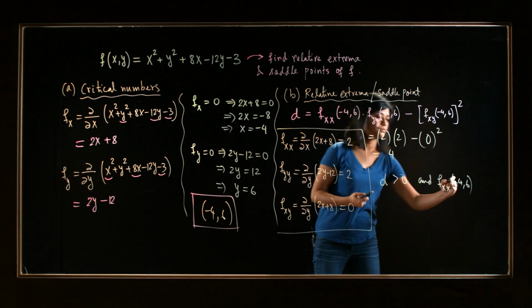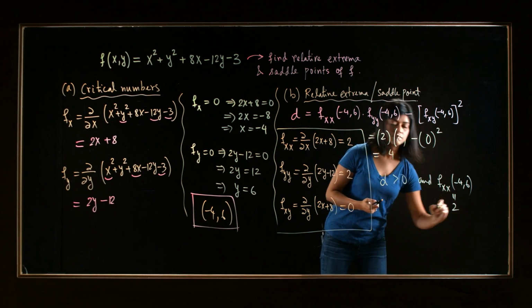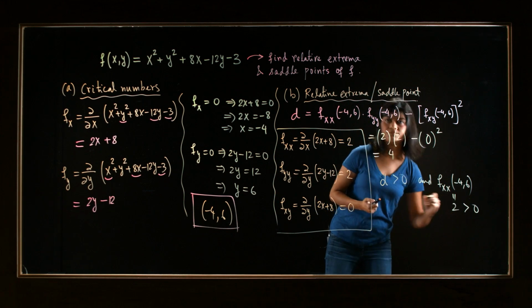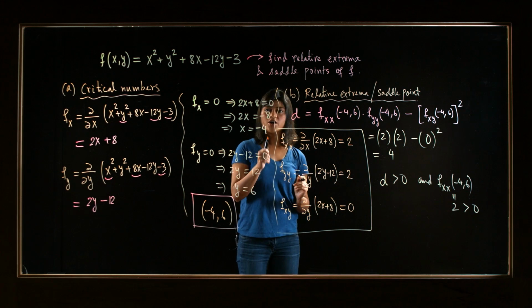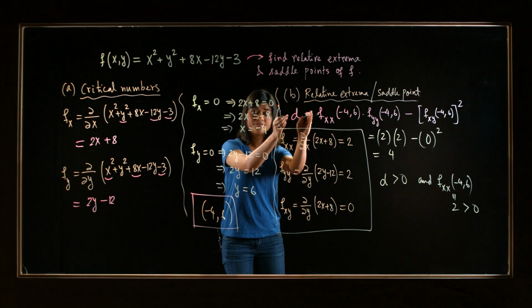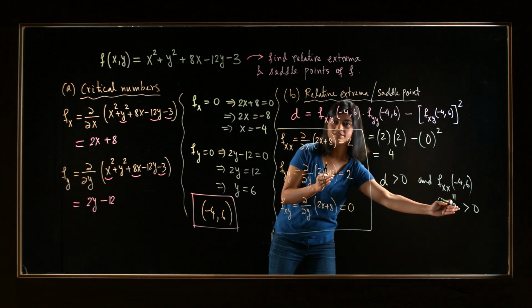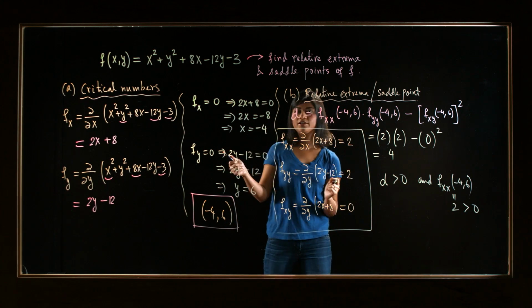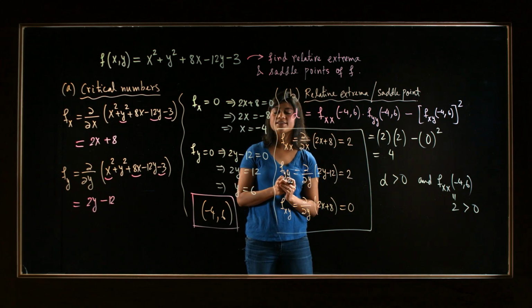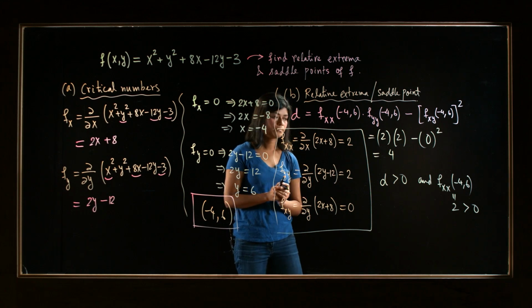That means d is positive, of course, and notice that fxx at the point (-4, 6) is equal to 2, and that's also positive. The second partial test says if d is positive and fxx is positive, that means at that critical number, the function has a relative minima.